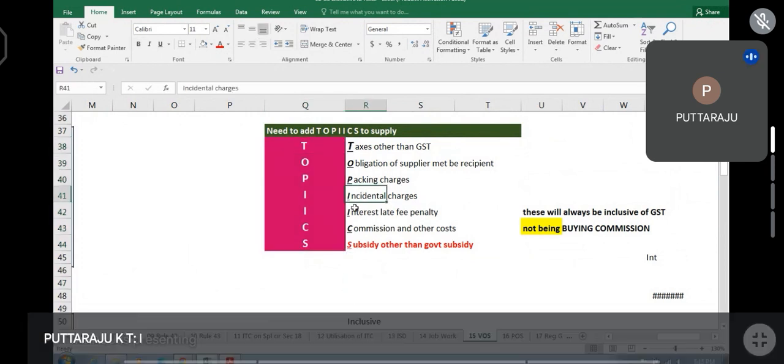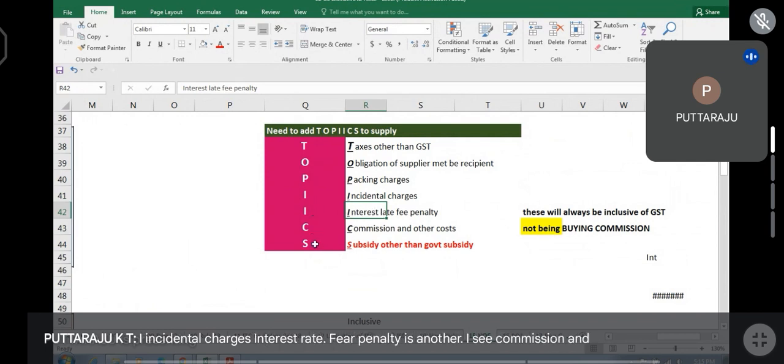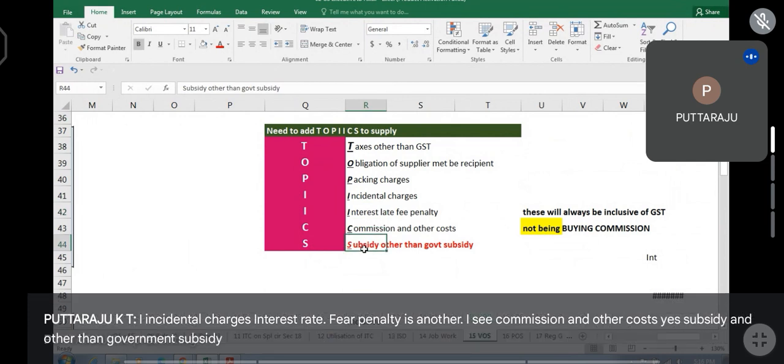I: Incidental charges. Interest, late fee or penalty is another I. C: Commission and other costs. Yes. Subsidy other than government subsidy. Taxes other than GST. Whatever there is, you need to add.